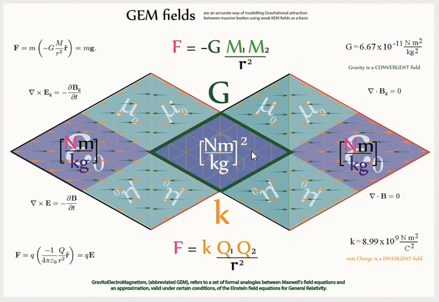And where these fields interact in this diamond-shaped area, again, is an inverse square law, dependent on the distance between the objects. But it gives us a clear way of mapping the force of gravity and the force of electric interaction for any body of matter in the universe, irrespective of its mass energy content and the distance between the objects.